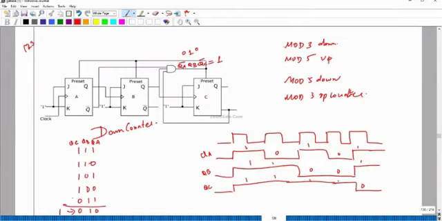So before that and all, it is 0. You can multiply it and see. Okay, when it reaches 0, 1, 0, it goes to 1. So totally how many number of states are there? 5, right? So mod 5 down counter.